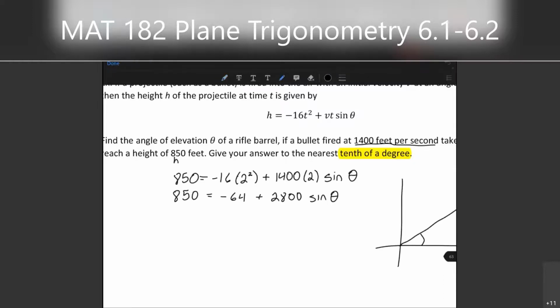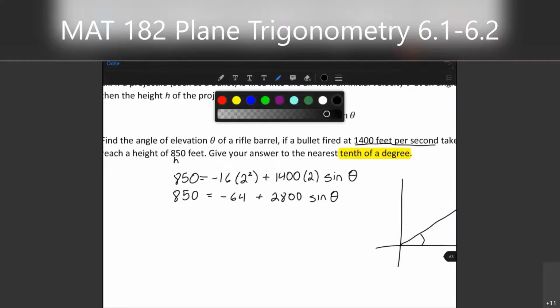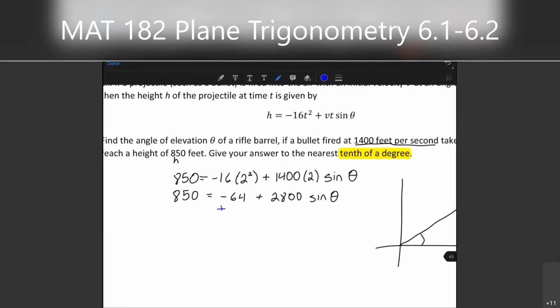If we add 64 to both sides to balance the equation, we get 914 is equal to 2,800 sine theta.